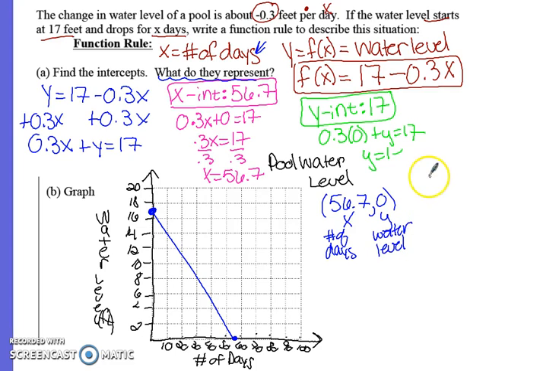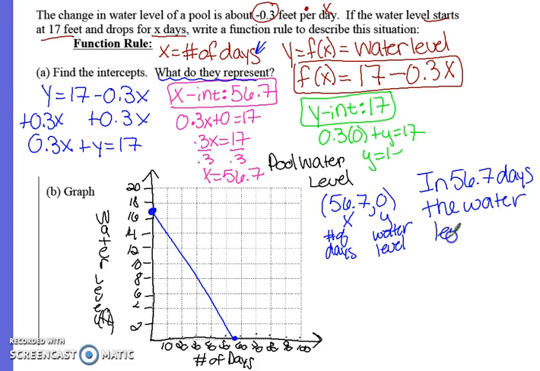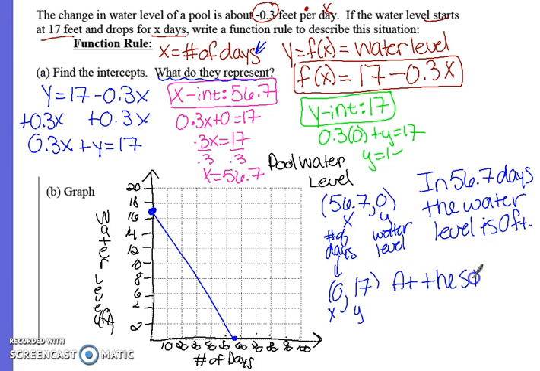So your sentence would be, in 56.7 days, the water level is 0 feet. I need to see a sentence there. For your y-intercept, it's 0, 17, which means 0 number of days, or at the start, the pool is 17 feet deep.